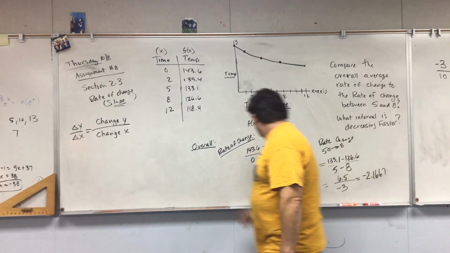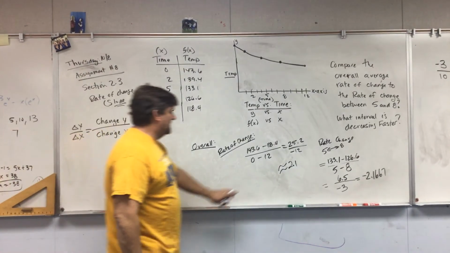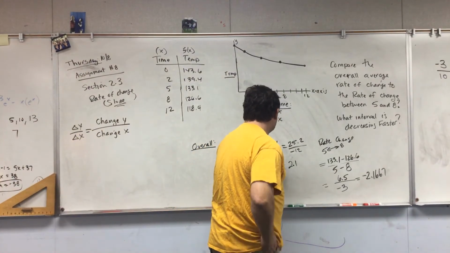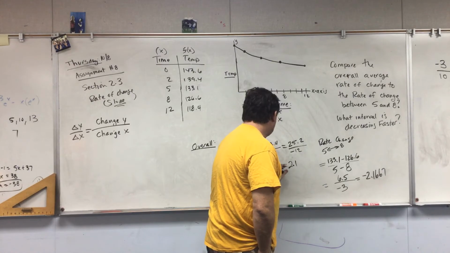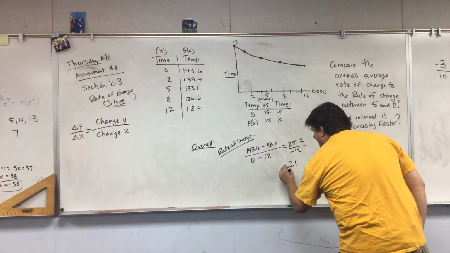All right. Now let's do that one. 25.2 divided by 12. 2.1 exactly. Wow, that was a good estimate. 2.1 exactly. So negative, sorry.